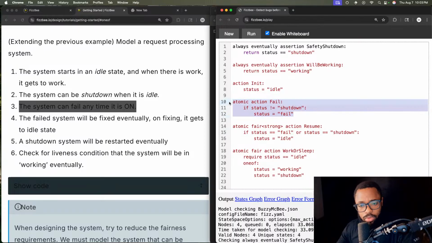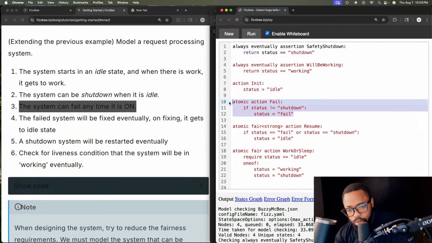Now for this one, I don't think we need any fairness. Right?